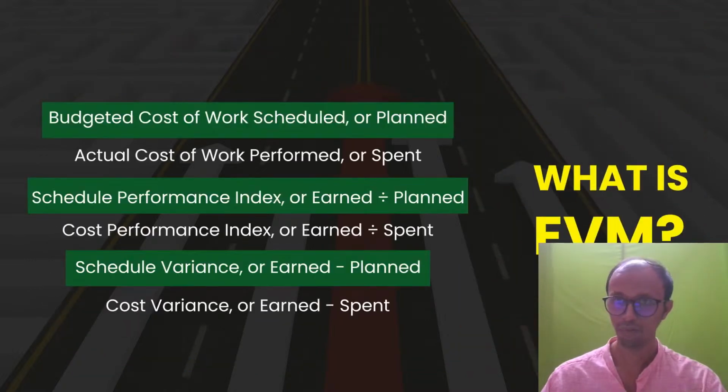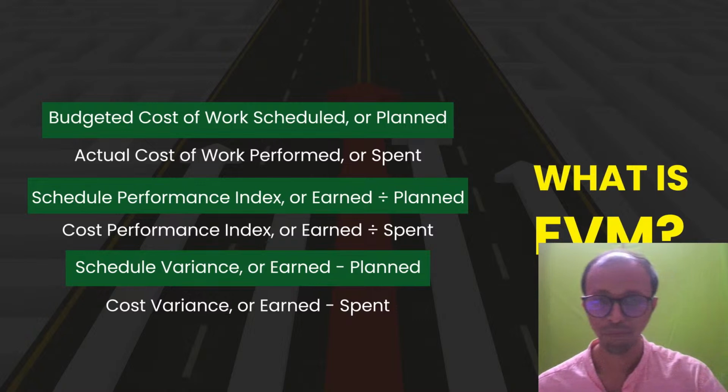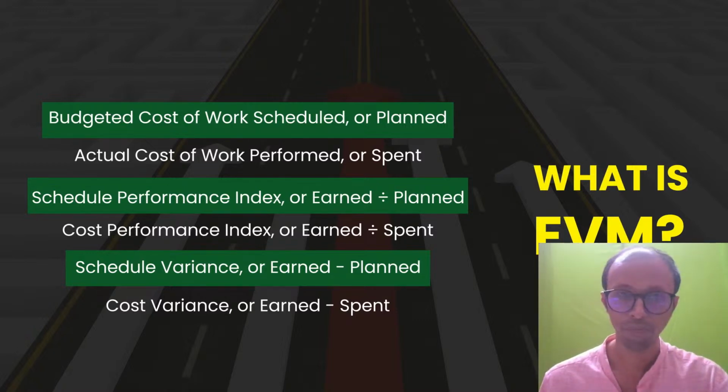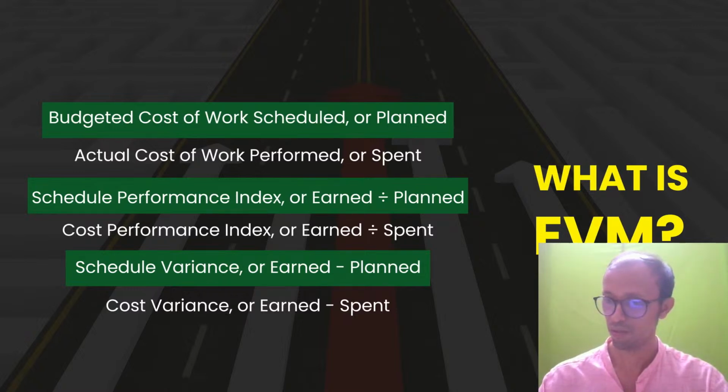So what is EVM? In EVM, there are key terms that are important. One is the planned cost, second is the earned cost, third is the spent cost, and from these we are able to know the SPI, the CPI, and the schedule variance. Now, what is the schedule performance index? It is the earned value divided by the planned value.